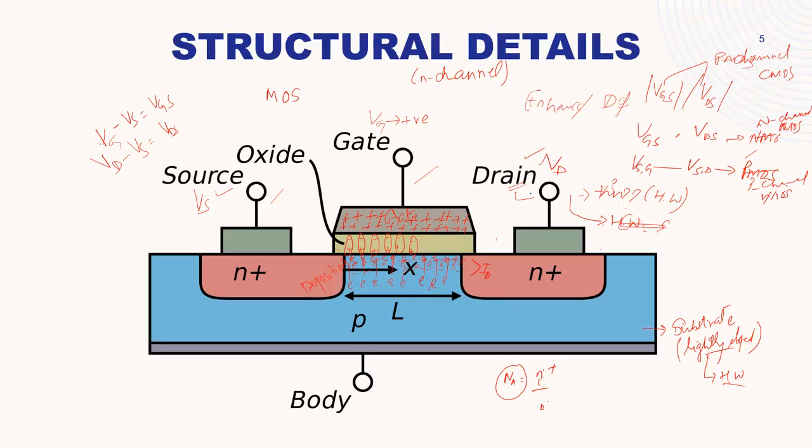Once VDS is applied, that means you're trying to pull the electrons towards this positive region. Why? VD is positive. Electrons will now start moving towards the positive side. So electrons move from source to drain, which is the direction of my ID current.